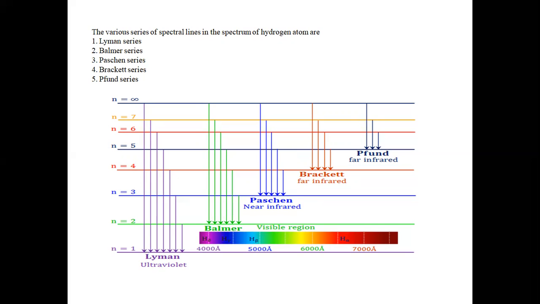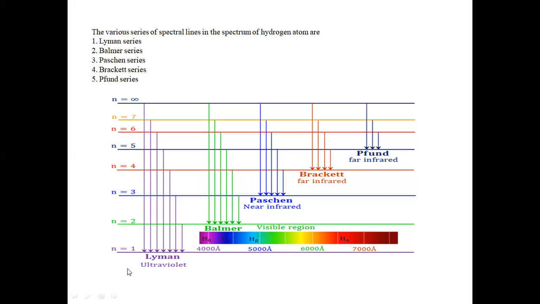The various possibilities by which these electrons fall back from the excited energy levels to the lower energy levels, we call electronic transitions.